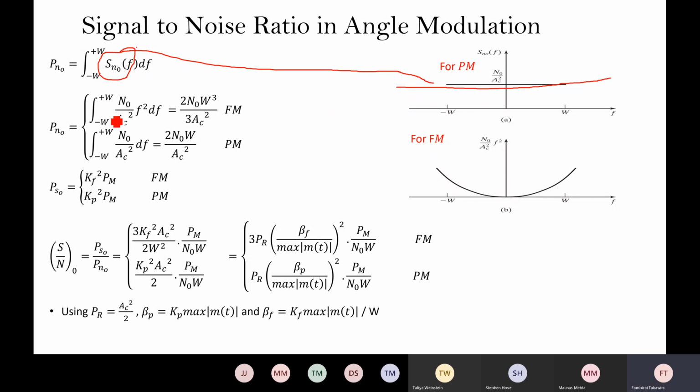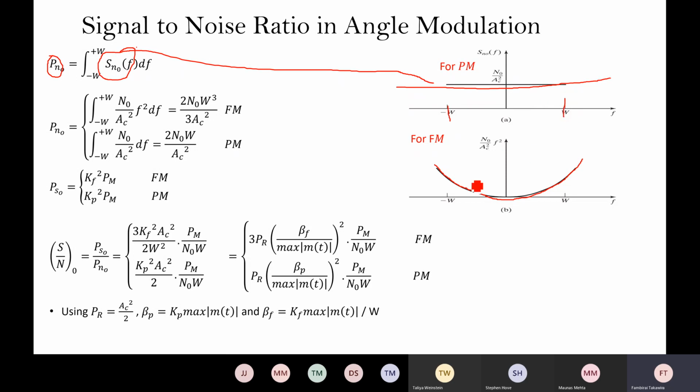In the case of frequency modulation, the power spectral density of the noise at the output has a parabolic shape. So it's no longer flat. That means using these two, we can find the noise at the output by integrating between minus W and plus W in the case of phase modulation.